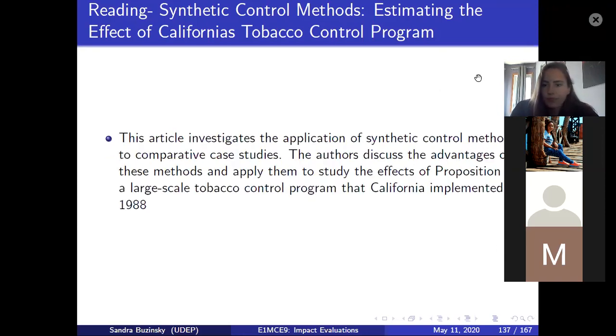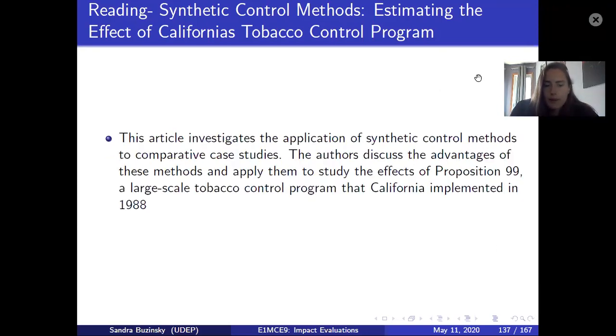So this paper is investigating the application of synthetic control methods to comparative case studies. The authors are discussing the advantages of these methods and apply them to study the effect of Proposition 99.